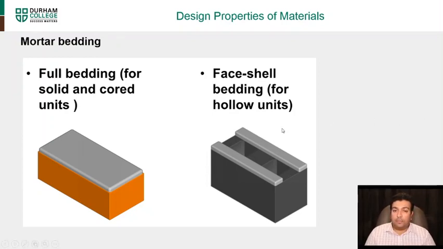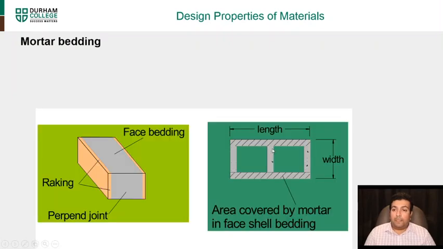You have bedding on the sides, and here you can see the length and the width of the area covered by mortar. It's important because when we go into design, sometimes we have to figure out how much mortar we're using and your effective area, your AE, how to calculate your effective area to see the adhesion between the bricks.